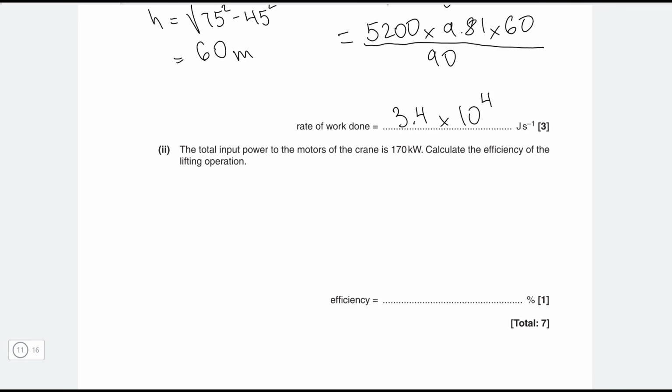Okay, the last part. Total input power to the motor of the crane is 170 kilowatts. Calculate the efficiency of the lifting operation.